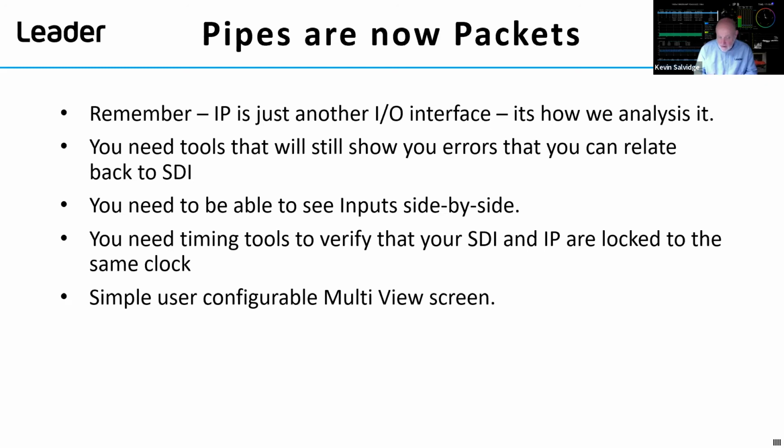And if those references aren't coming from the same device, you can have some challenges on your hands and you can be chasing your tail. So having tools that connect to black and burst, PTP, SDI and the IP flows is going to give you a fighting chance of finding out where that signal has gone awry and why you've not got pictures or you've not got captions on your MCR layout.